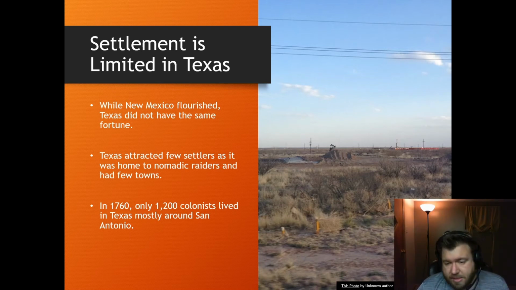And since the settlement was so sparse and scattered out, the raiders knew, hey, if I go and I attack that farm, well, there's nobody else around to help them. Well, let's go in there, wipe them out, let's take all their stuff, and yeah, it was easy pickings for these raiders.